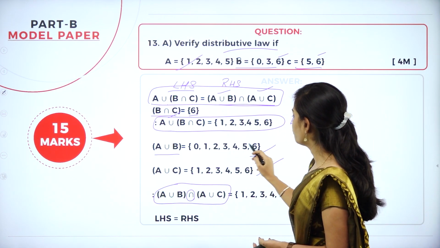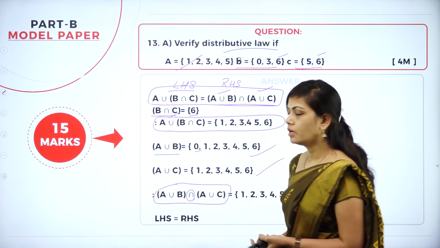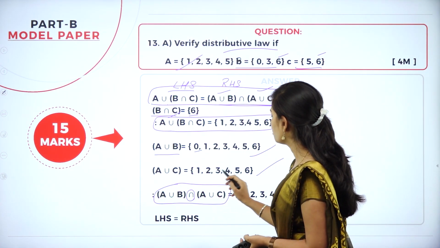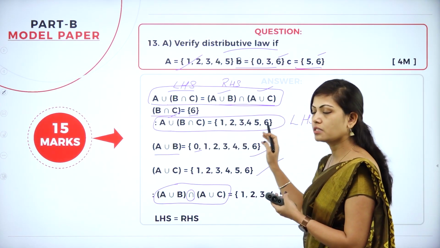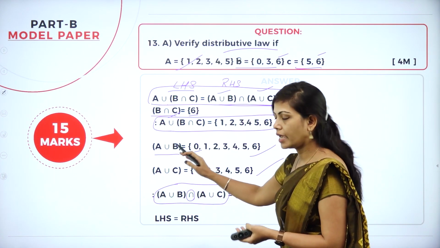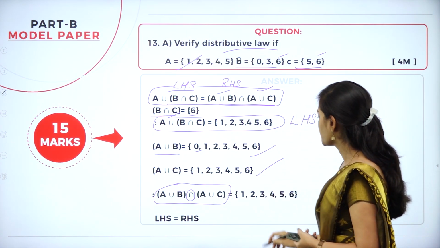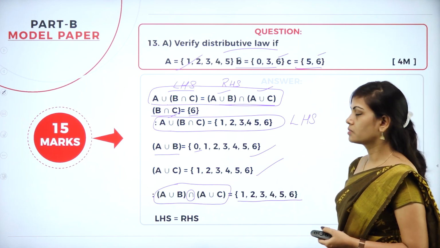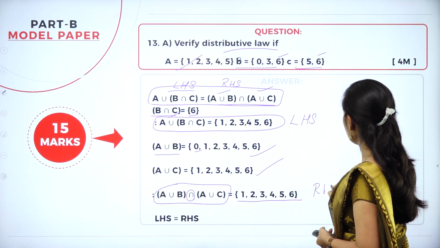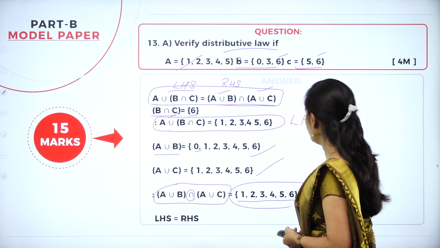Here you have 0, here 1, 2, 3, 4, 5, 6. So the common elements are 1, 2, 3, 4, 5, 6 in both A union B and A union C. So I'll write 1, 2, 3, 4, 5, 6 as the RHS. Now this is your RHS value.